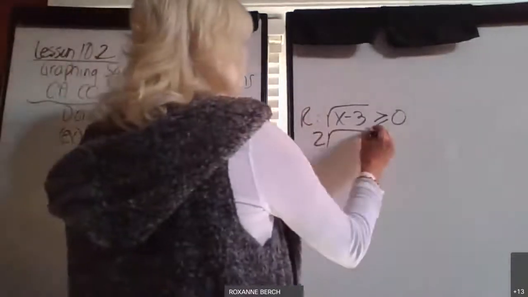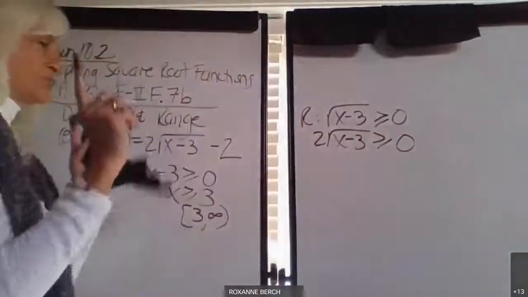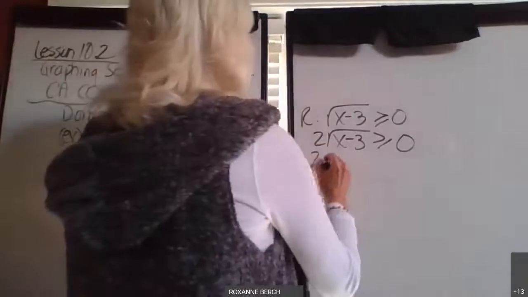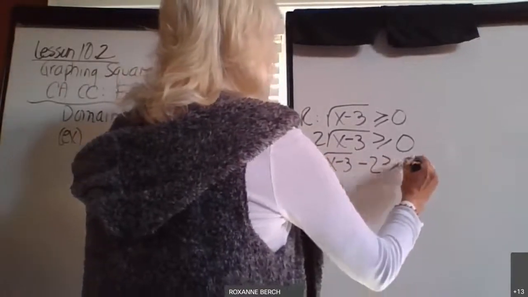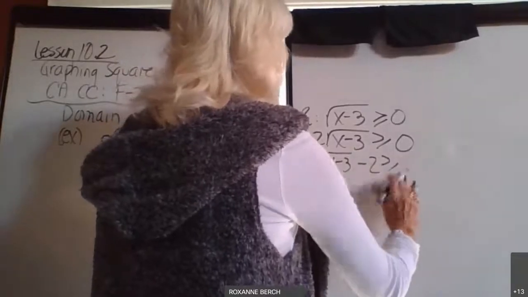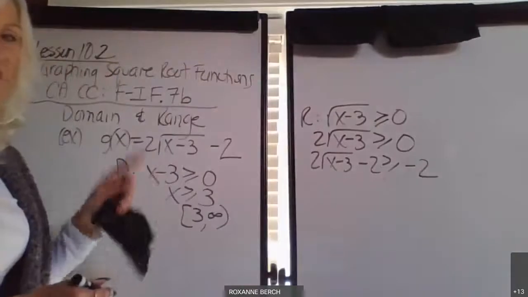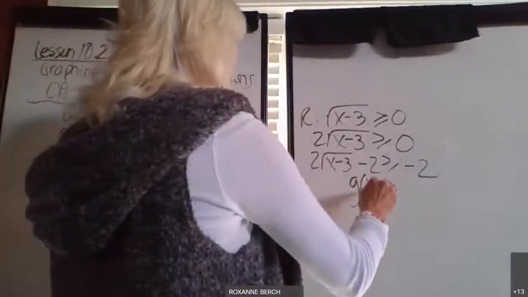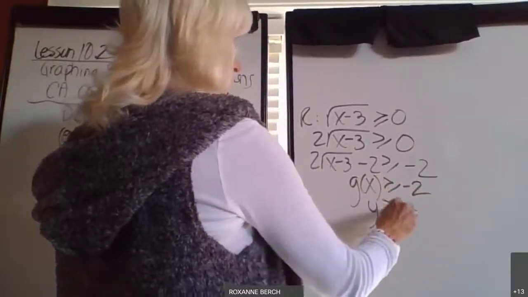So multiply both sides by 2, and then subtract 2 from both sides. So when you subtract 2 from both sides, you just built the function. And the function is g of x. And we know that g of x is y.